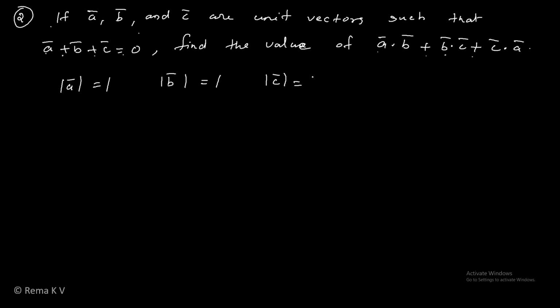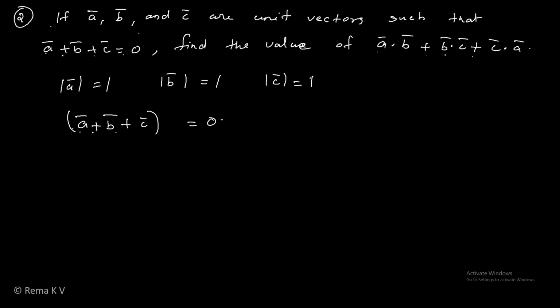So modulus of A is equal to 1, modulus of B is equal to 1 and modulus of C is equal to 1. And also it is given that vector A plus B plus C is equal to 0. The sum of these three vectors is a zero vector.